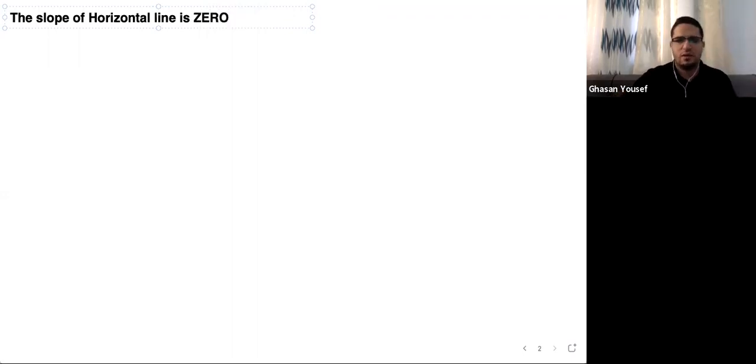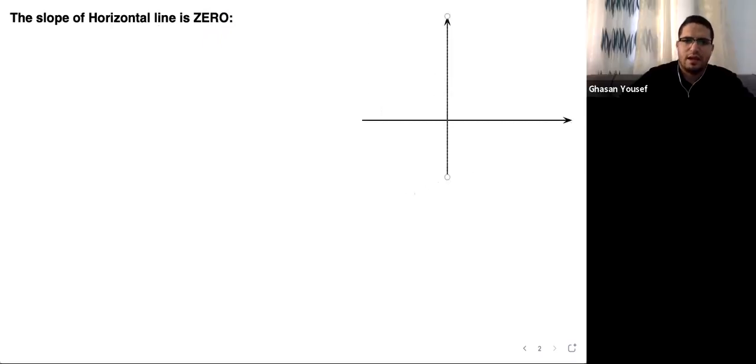Why is it 0? I'm going to show you the same things. I'm going to graph the Cartesian plane like this. This is my x-axis, and this is my y-axis, and I have a horizontal line like this.